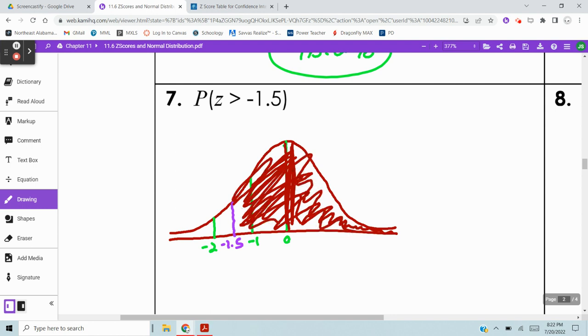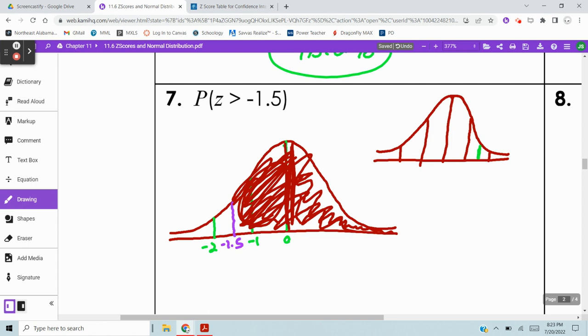So we're a little bit bigger than 50%. We've got to add this part of the area on. So let's think about using a positive value there. Probability that z is greater than negative 1.5. Let me draw another drawing here. I've drawn a normal distribution curve with a positive 1.5.